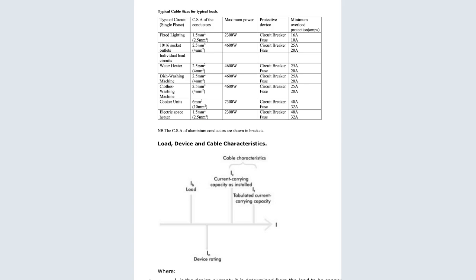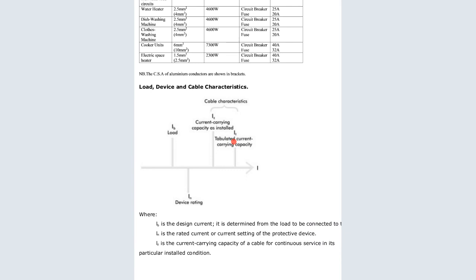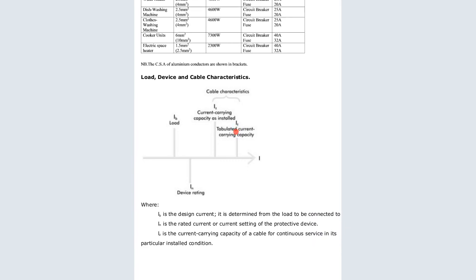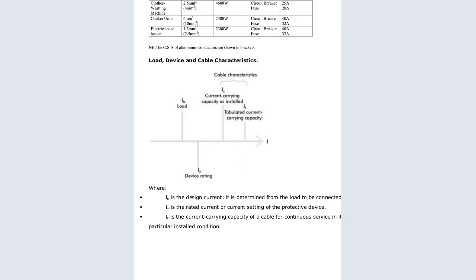Space heaters are heaters that are used to warm the environment. And for the fuses that we need, you can see the circuit breaker needs between 32 to 40 amperes. Also the cloth washing machine, you can see the circuit breaker that it needs. You will see that difference there. Note that the cross-section area of aluminum conductors are shown in brackets. You can see there.